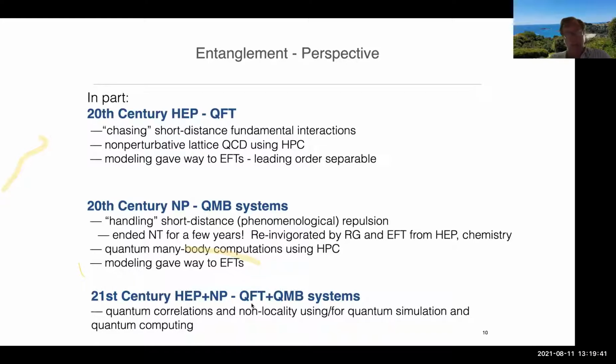And so just another word on that. One imagines that just as before in the 20th century, leading order was a tensor product state, in the 21st century the leading order that is going to be optimal for quantum devices is going to be an entangled state. And so this presents a challenge to the theorists to be able to figure out how to identify leading order entangled states as starting points for computations.